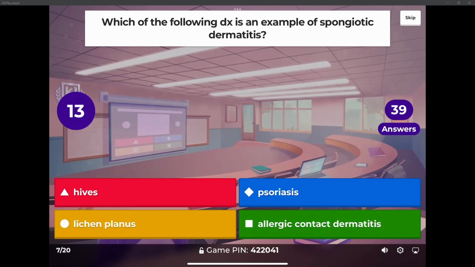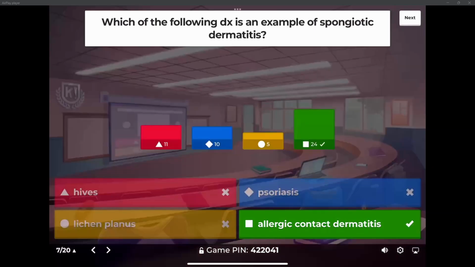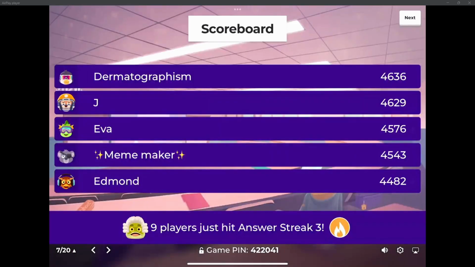So when you guys study, you make sure you know what 9 inflammatory processes are and what diseases go along with it. You may get a question. Most of them are just straightforward, like what is this, what is that, what is that? Then you have some other ones that make you think, of course. This one is your allergic contact dermatitis. Psoriasis is psoriasiform, very easy to remember. And then the other ones, make sure you study.